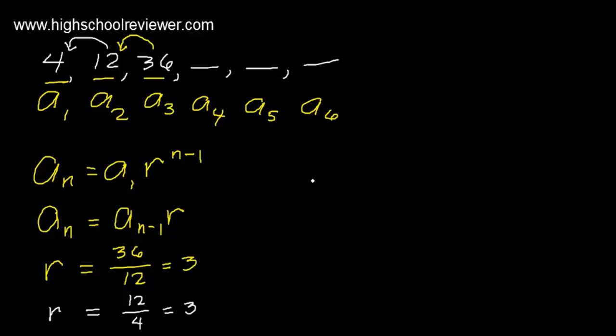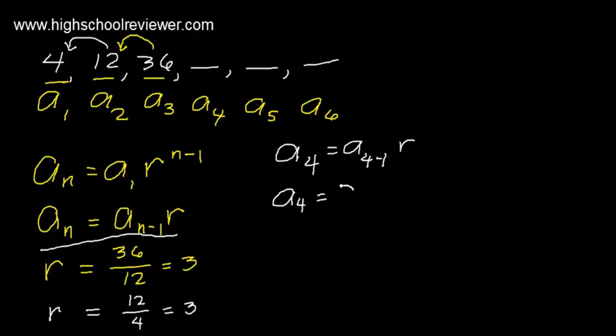Now, let us find a sub 4. Using this formula, a sub 4 equals a sub 4 minus 1 multiplied by r. So a sub 4 here will be equal to, 4 minus 1 is 3, a sub 3 multiplied by r.